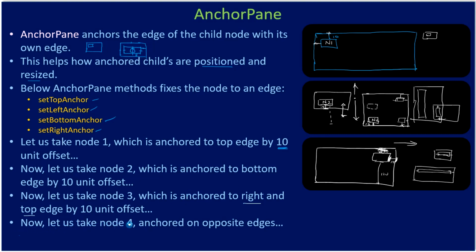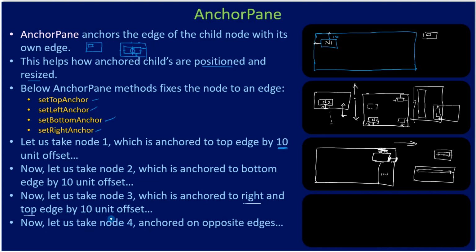Now let's take node 4 anchored on opposite edges. That's what we discussed. Opposite edges means it will resize. So 10 pixel here, 10 pixel here.